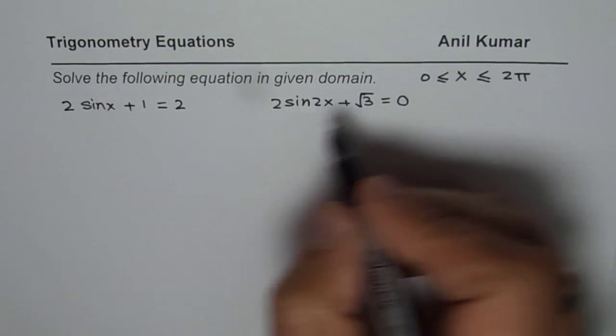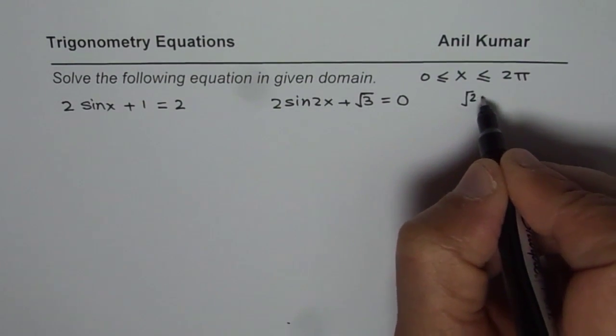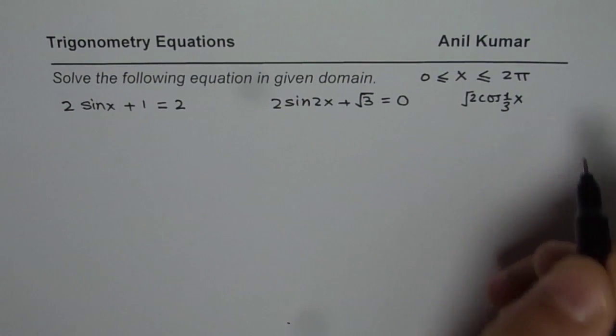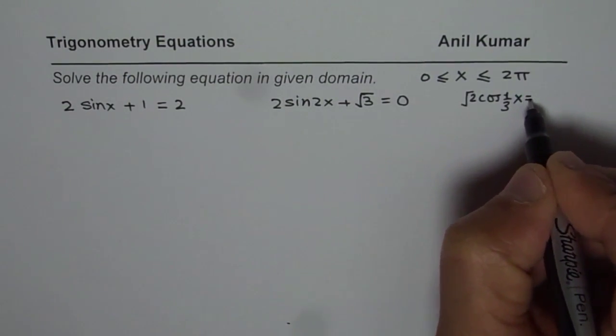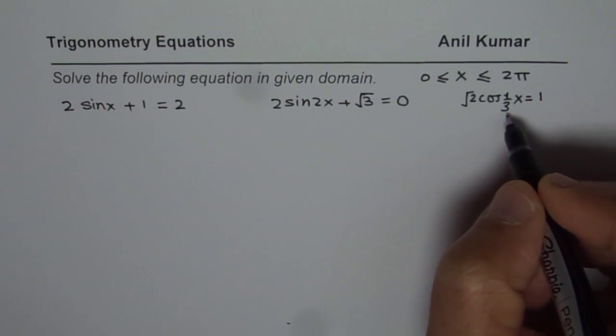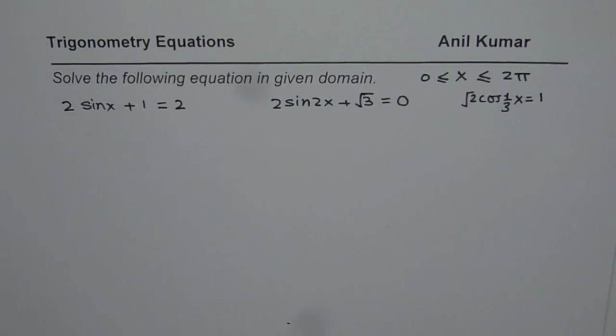We could have had a question like square root of 2 cos 1/3 of an x equals 1, and we may have to find the solution in the given domain. So does it have a solution or not in the given domain? That is what we'll try to figure out with the help of these examples.